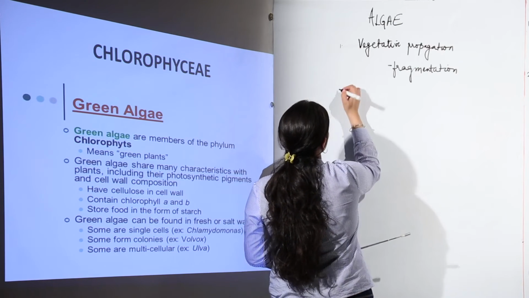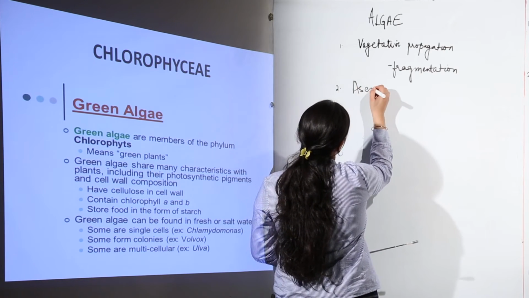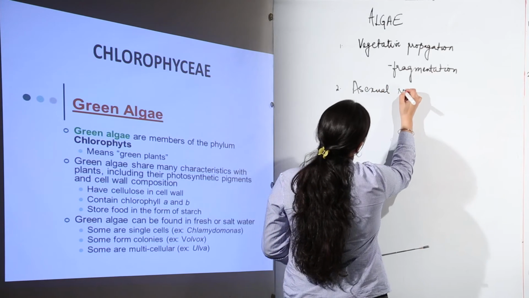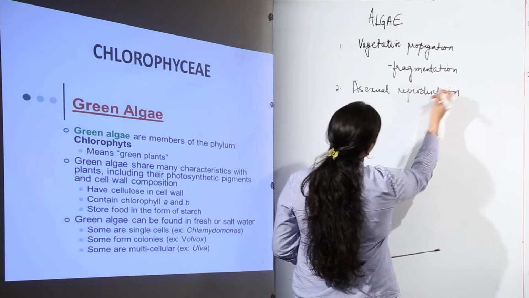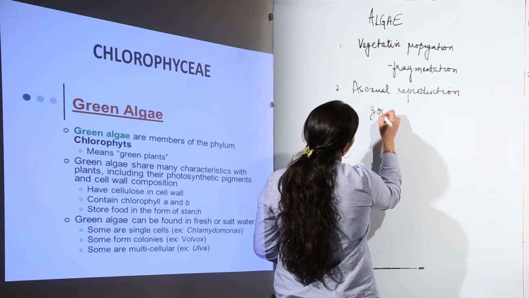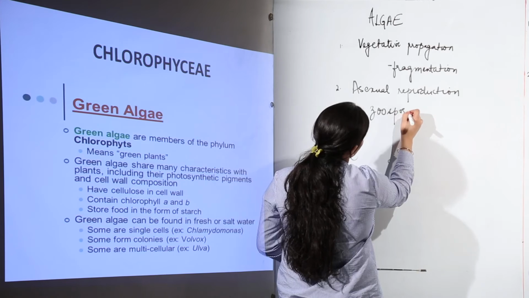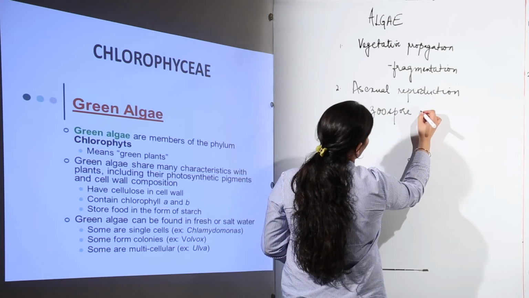Then the second thing is asexual reproduction. In asexual reproduction, you have to remember that the green algae form zoospores, which are formed in zoosporangia.